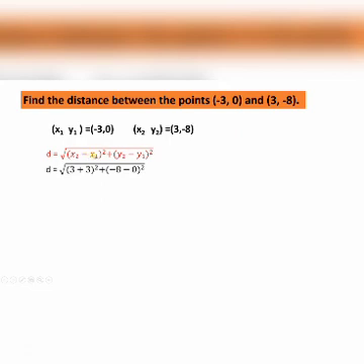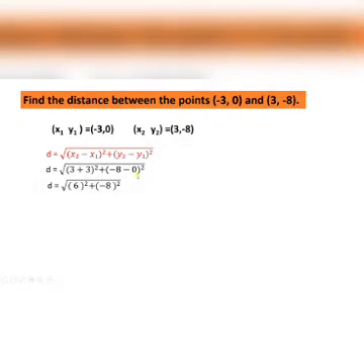Here the x2 value is 3, and x1 value has become +3 because here -3 and the formula's minus make it +3, whole square, plus y2 value is -8 minus y1 value is 0.